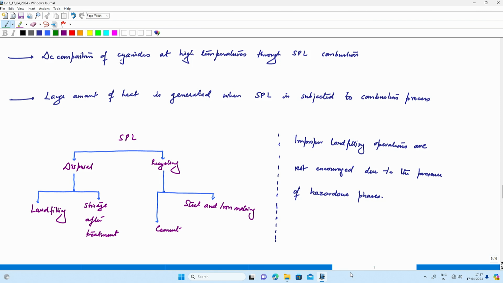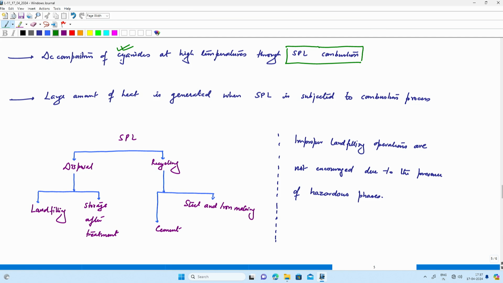When we think of using SPL as a raw material for pyrometallurgical routes, we can see that the decomposition of cyanide at high temperatures is possible through combustion. So we are just using SPL for combustion, and decomposition of cyanides is taking place. And it also could be seen in a different way.